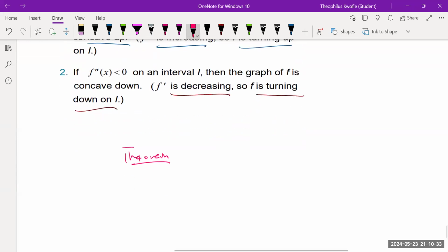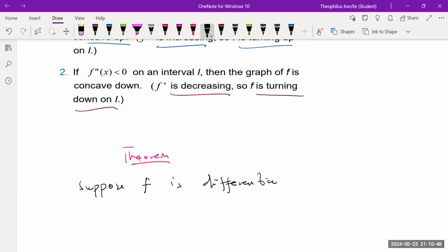The first theorem is that, let me use a different pencil. The first theorem is that suppose that f is differentiable for every x in an open interval, okay? In an open interval, let's use, as we have been using, AB.